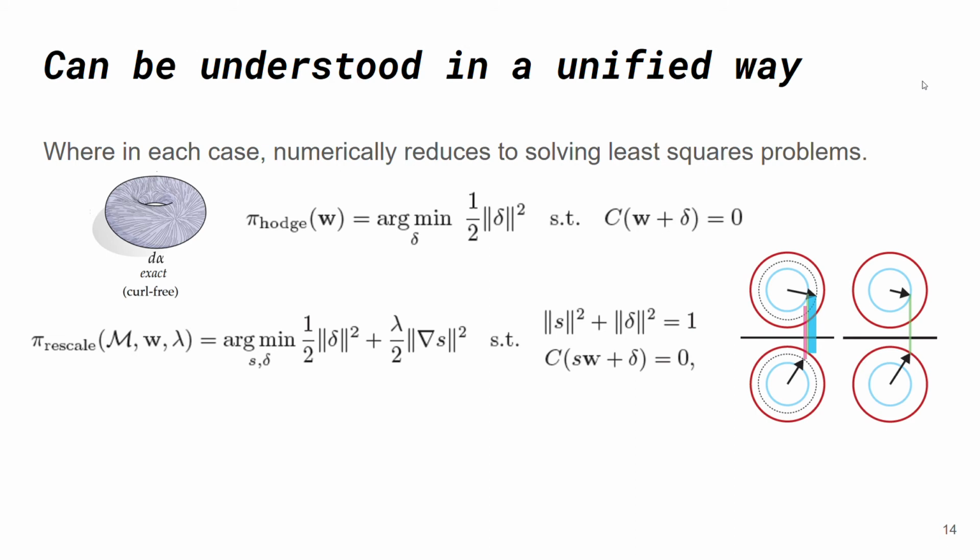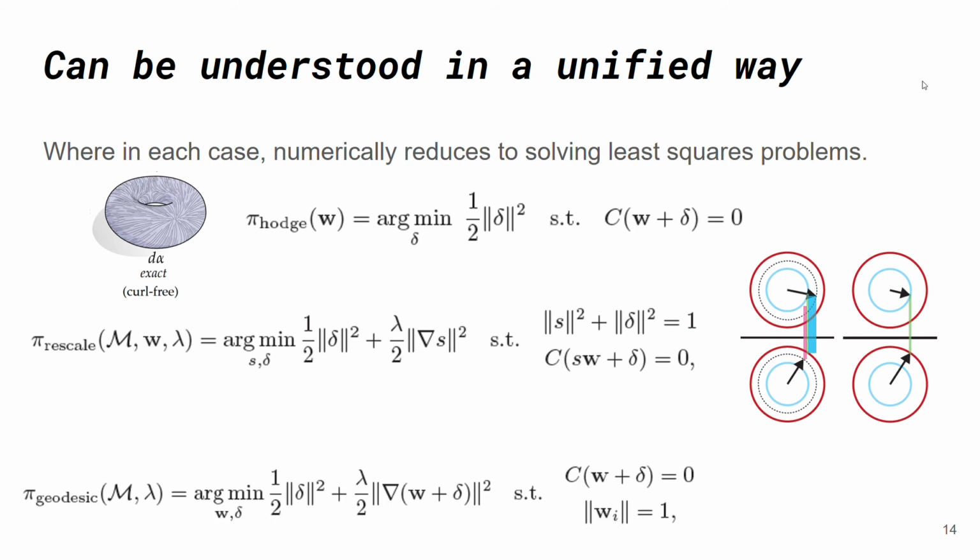Well, this can be phrased as a problem which can be solved as a smallest eigenvalue problem. And here's a third variation on the theme. Suppose you want a field which is everywhere as close to unit as possible, while also being integrable. Well, this gives you a geodesic optimization.